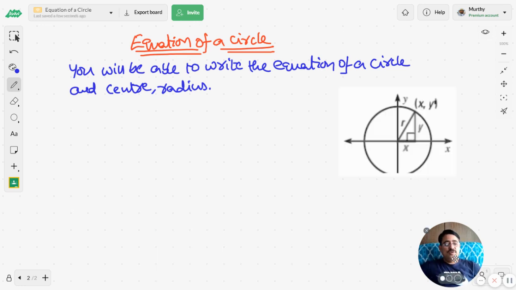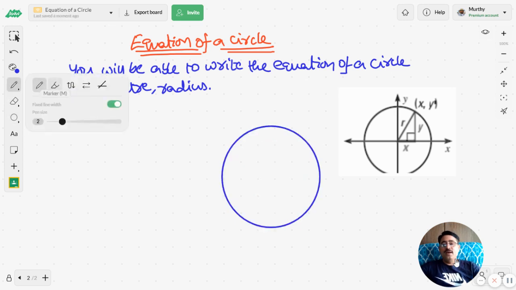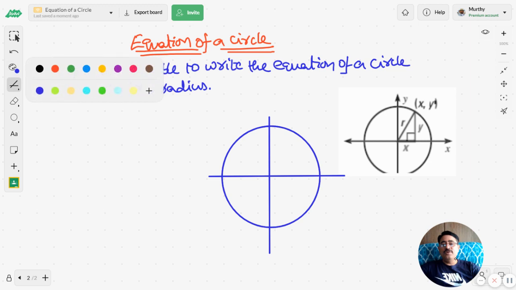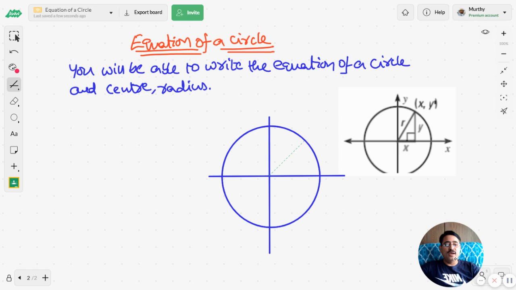Now let's try to define the equation of a circle with the help of the Pythagoras theorem. Here a diagram is already given. If you want, I'll explain once again. Let's say you are given a circle, and let me draw that this is the y-axis, the vertical one, and this is the x-axis.